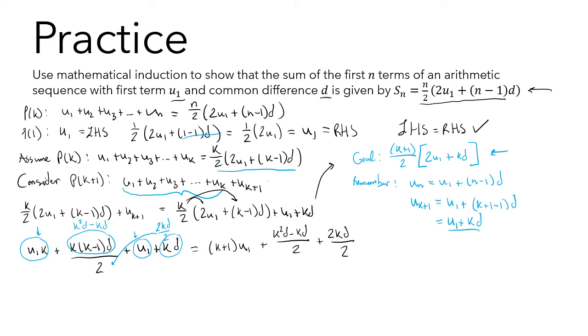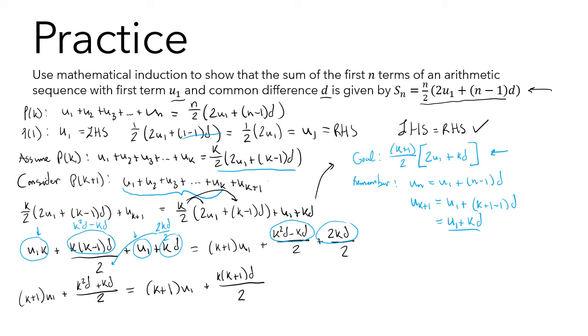So I'm going to jump over here to the bottom left. I've got k plus 1 times u1 plus k squared d plus 2kd minus kd. The kd and 2kd will cancel and give me just positive kd. So this equals (k squared d plus kd) over 2. Okay, so that's going to equal (k plus 1) times u1 plus, I can unfoil here, and this is actually equal to k times (k plus 1) times d all over 2.